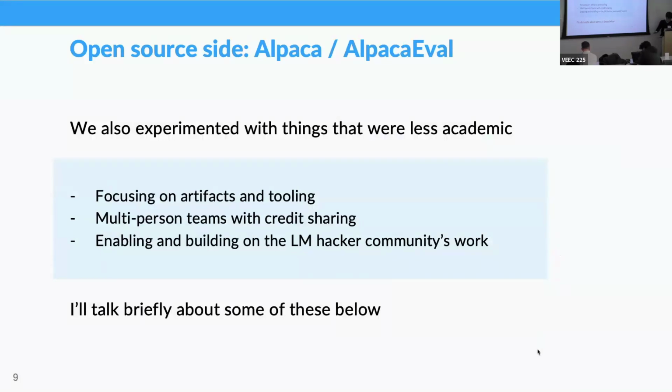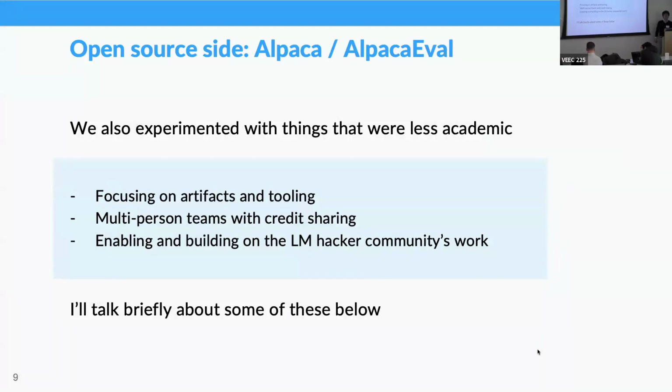And now I want to talk about the open source, non-academic side. Part of what was, at least to me, interesting about the Alpaca series of projects was that we were experimenting with things that I think were decidedly a little bit less standard in academia. We were focusing on just artifact releases and tooling, usable things for other people. We were trying things where we had multi-person teams with complete credit sharing.